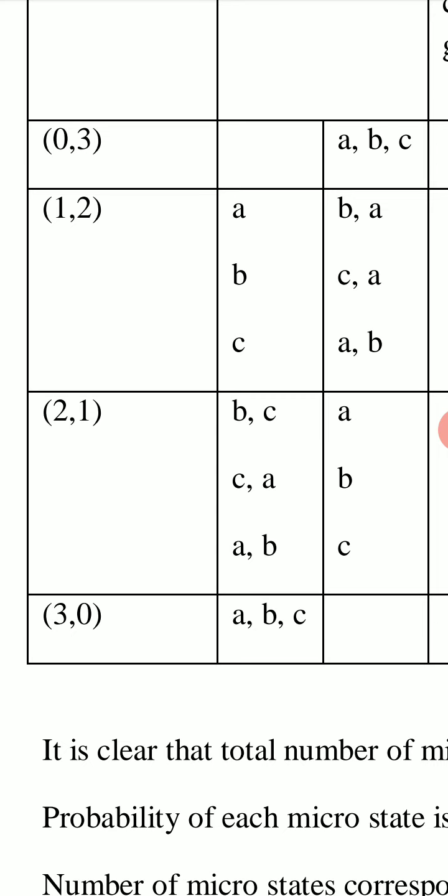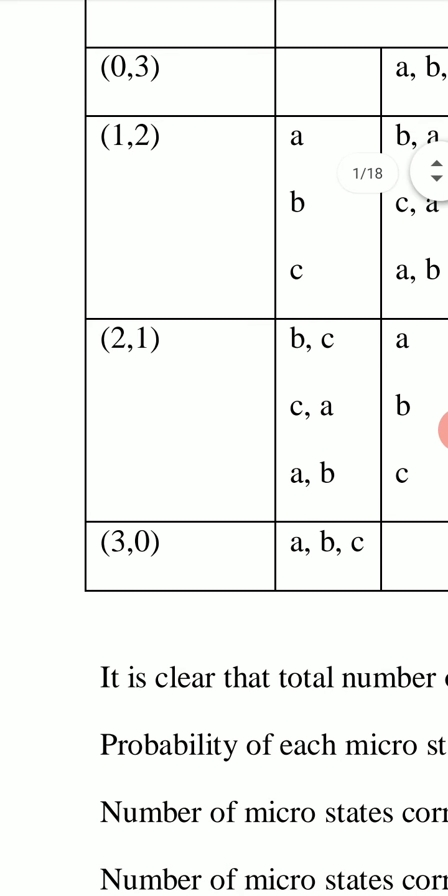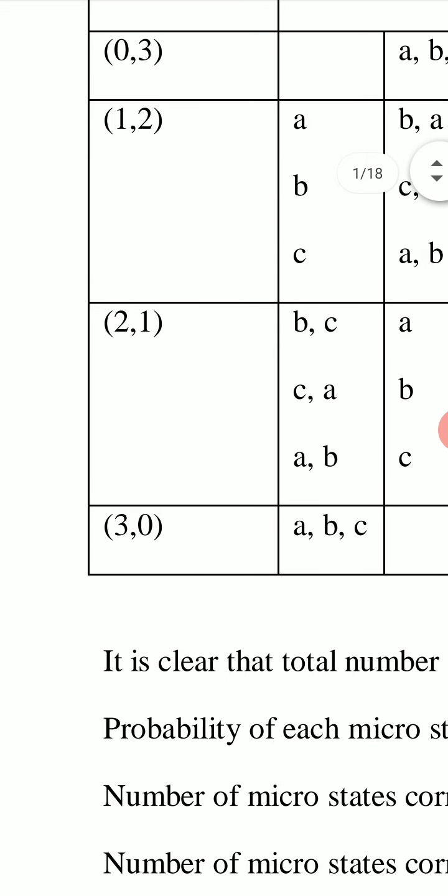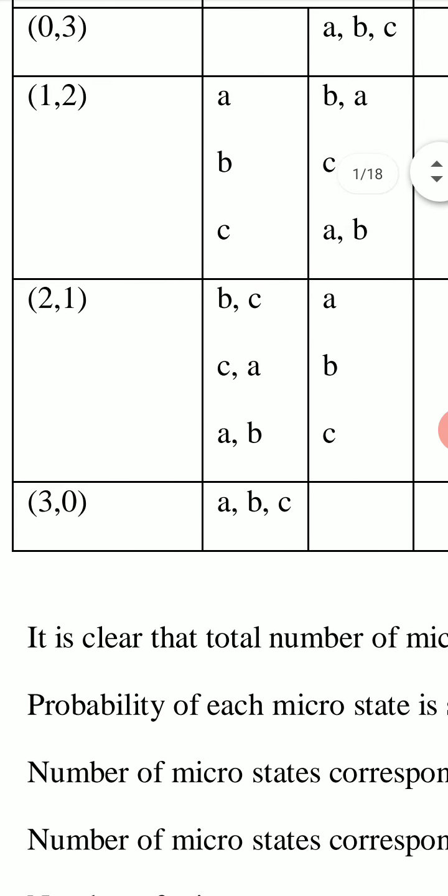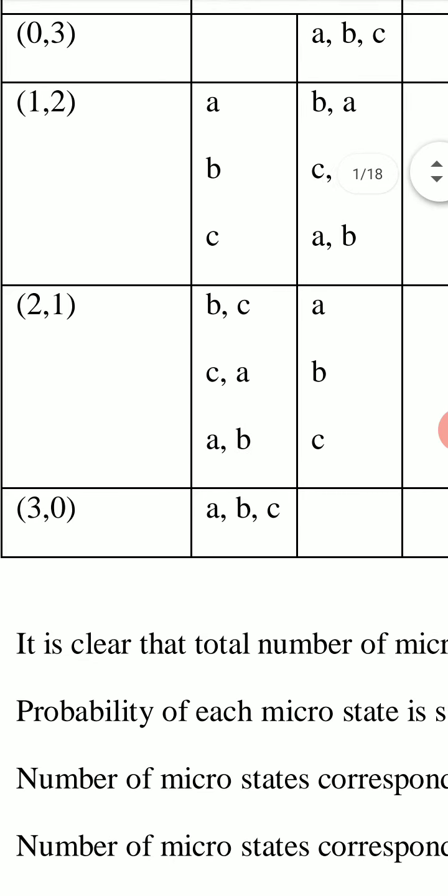In first box if we have B and C, then in second box we have A. If in first box we have C and A, then in second box we have B. And if in first box we have A and B, in second box we have C. And in the macrostate 3, 0, we have only one microstate. All the particles A, B, C are in first box and second box is empty.